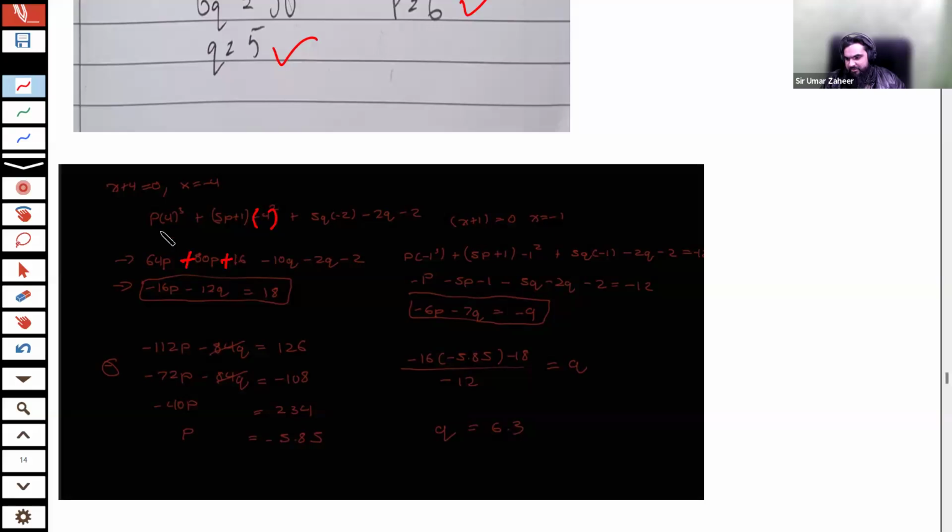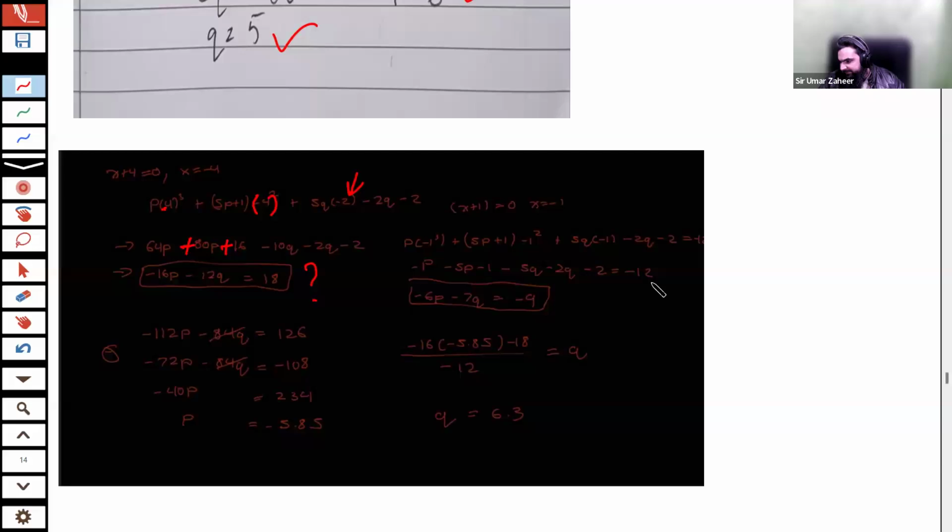That's why I always recommend that when you are substituting a value, always use the bracket. And why here are you substituting minus 2 instead of minus 4? There is a mistake here. Again, the same mistake. You have to substitute with brackets, because you're not using brackets, that's why you are getting different equations.